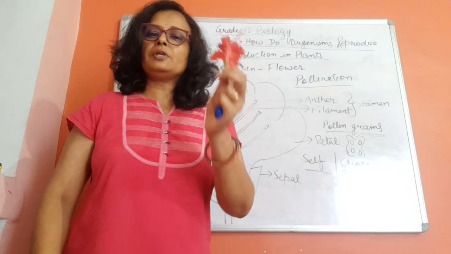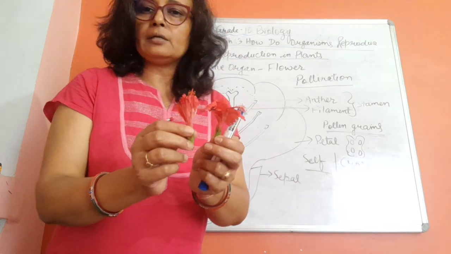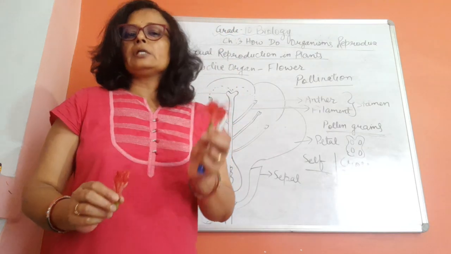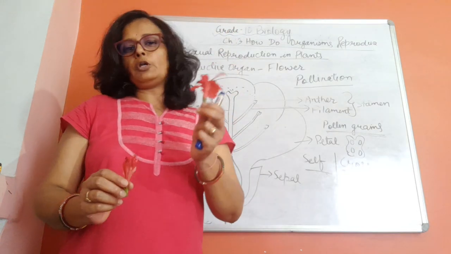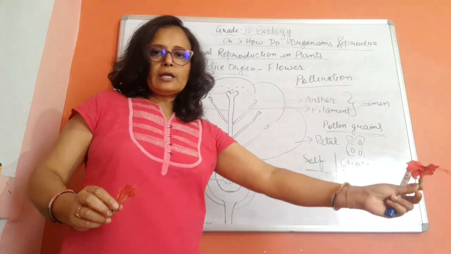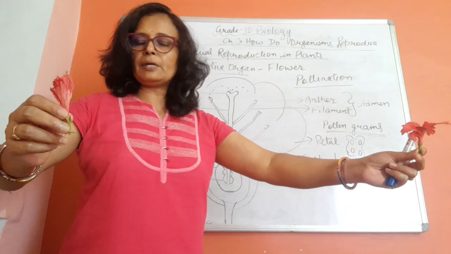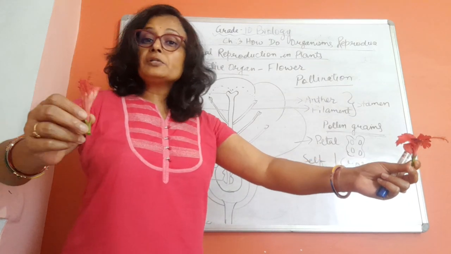Clear? So in one flower, self pollination. If two flowers of the same plant, that is also self pollination.